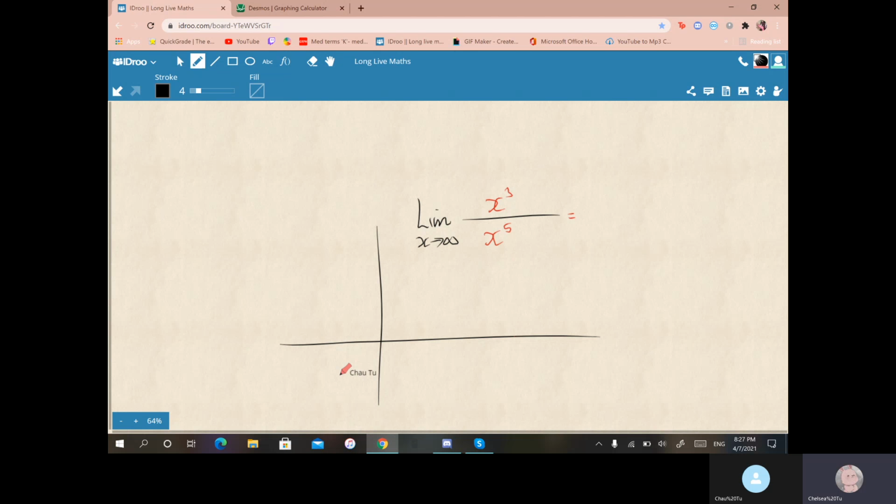What do we think? If you simplify it, it would be 1 over x squared.